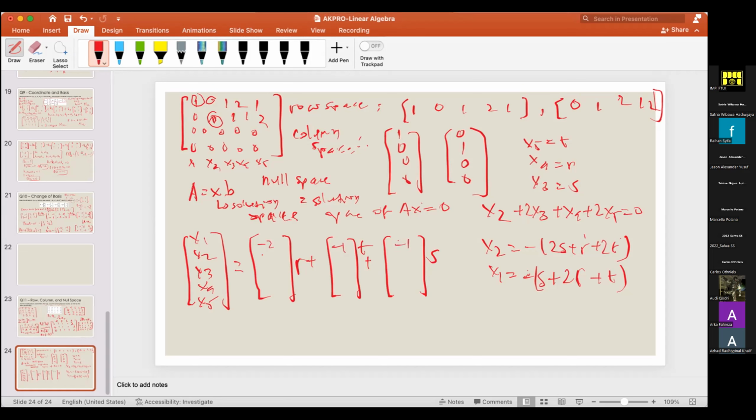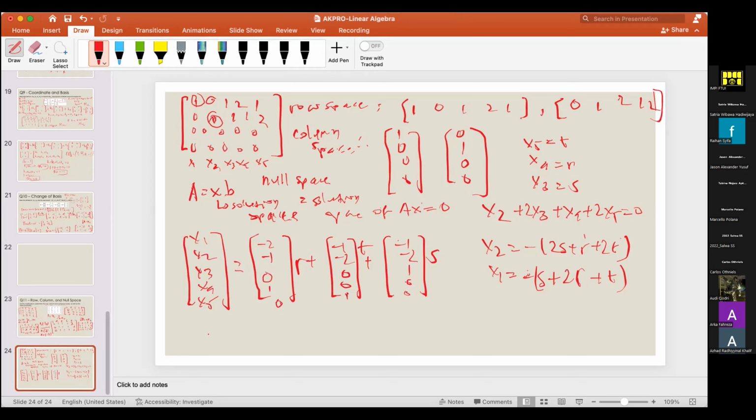But in x2, r is -1 here. S and t are -2 and -2. If we look at x3, x3 only has s, so this is 1, this is 0, this is 0. x4 only has r, so this is 1, this is 0, this is 0. Same with x5. x5 only has t, so this is 1, this is 0, and this is 0. And these three are your solution space.